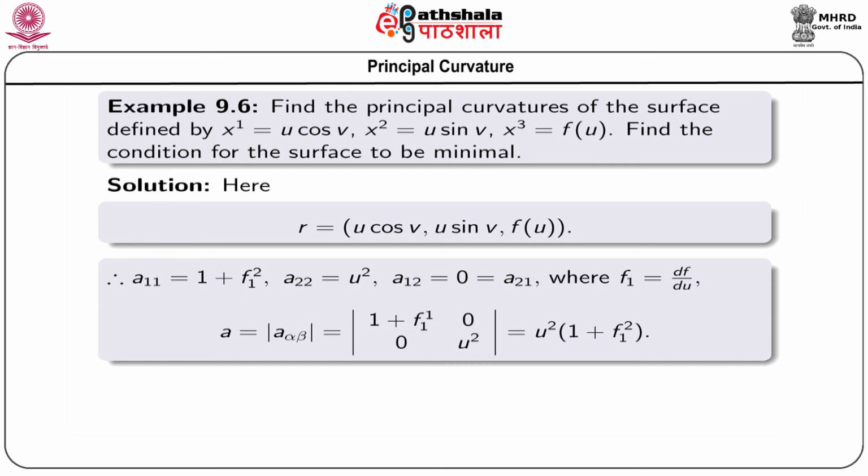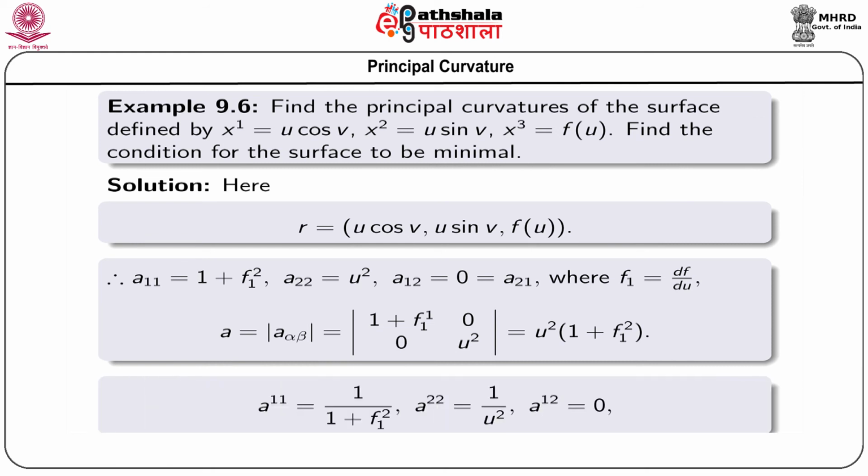So, the value of a is the determinant of a alpha beta, that is 1 plus f1 square, 0, 0, u square, and it gives u square times 1 plus f1 square. Now, if we find the reciprocal tensor of these coefficients of the first fundamental form, we get a upper 11 equals 1 by 1 plus f1 square, a22 equals 1 by u square, and a12 equals also 0.